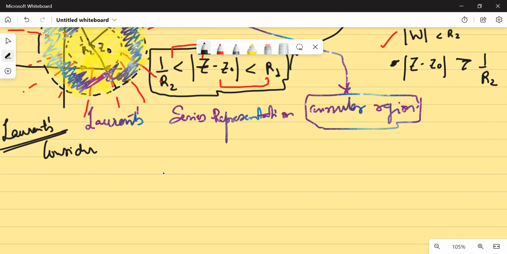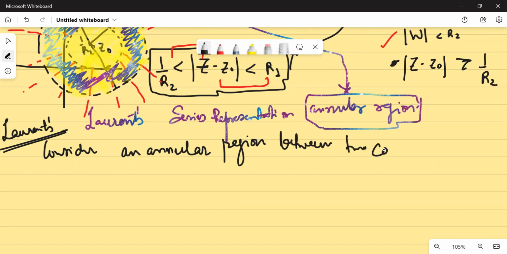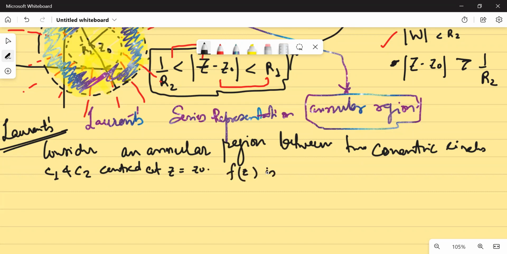So Laurent series: consider an annular region between two concentric circles C1 and C2, centered at z equal to z naught, and the function f(z) is analytic in the annular region.